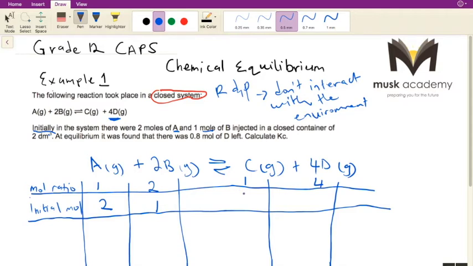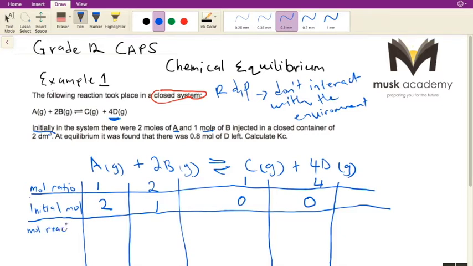They didn't tell us anything about the product, which means you didn't have any of the products. You had 0 of C and 0 of D because you were just starting the reaction.